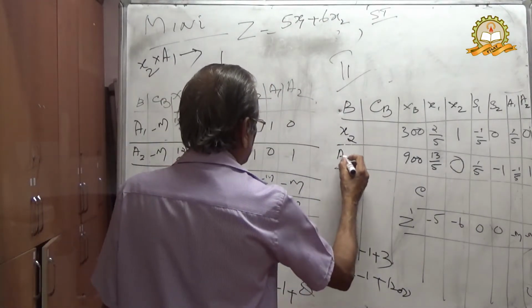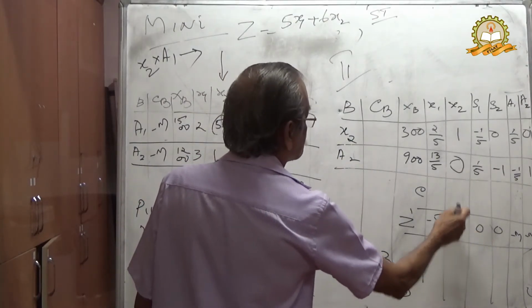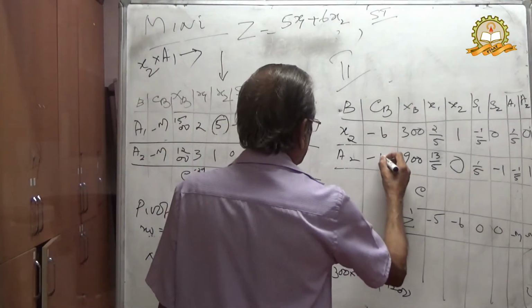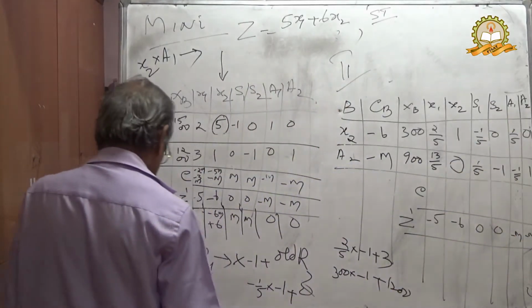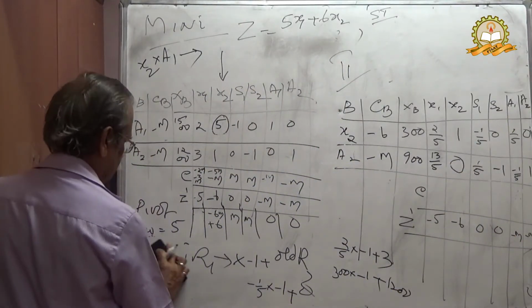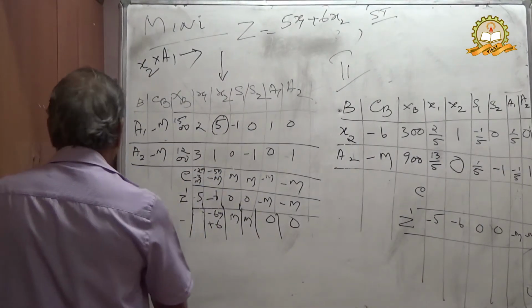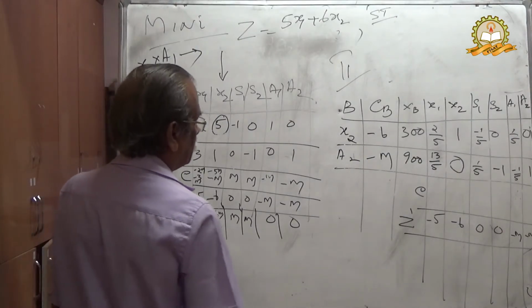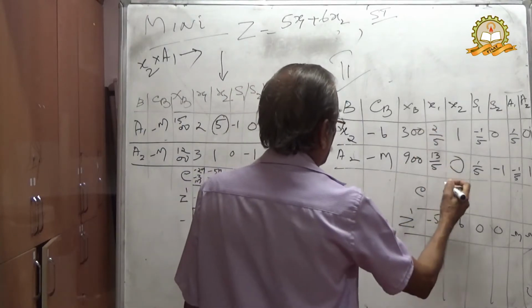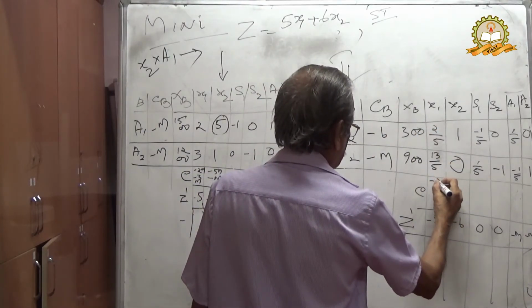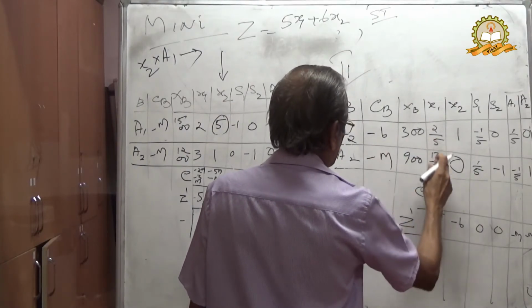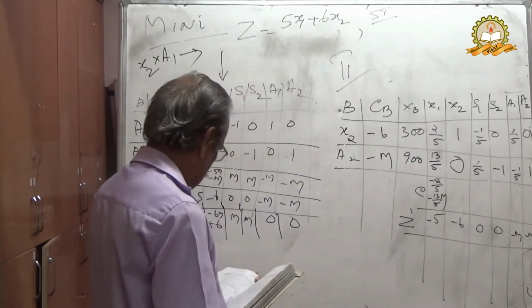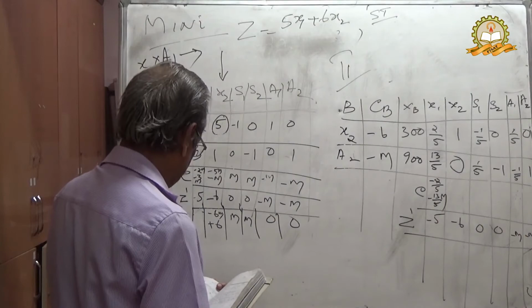X2 and A2. The value of x2 equal to minus 6. Under A2, minus m. Therefore, the C will become minus 12 by 5 minus 13 by 5 m. 12 by 5 minus 13 by 5.